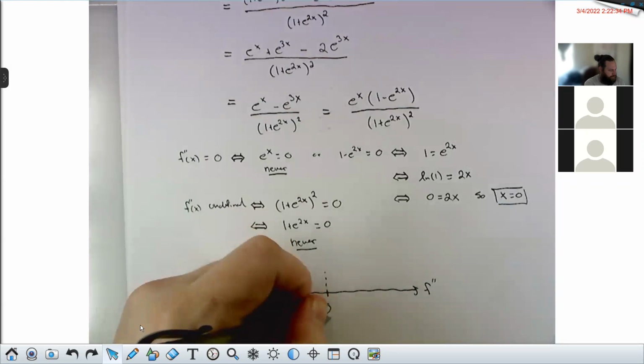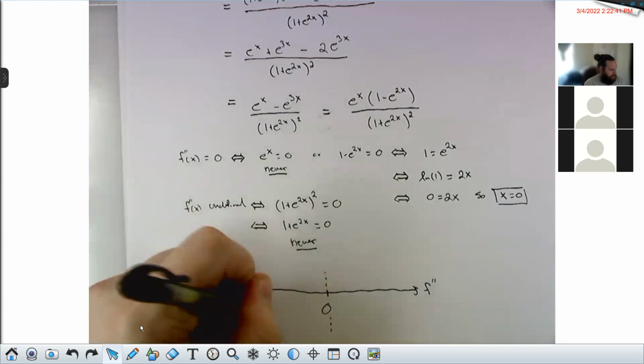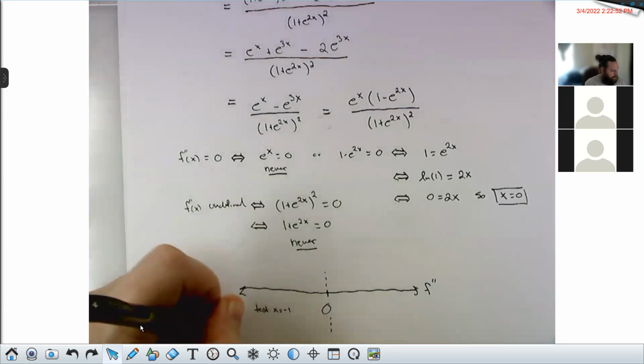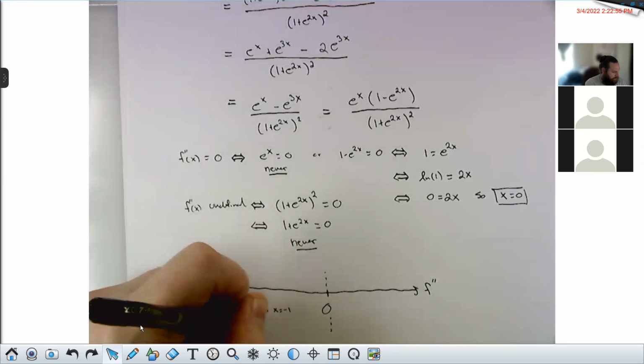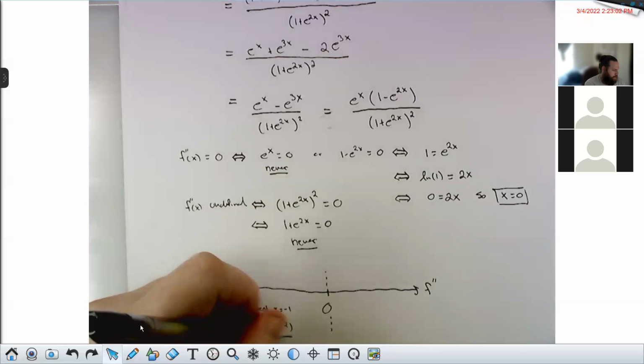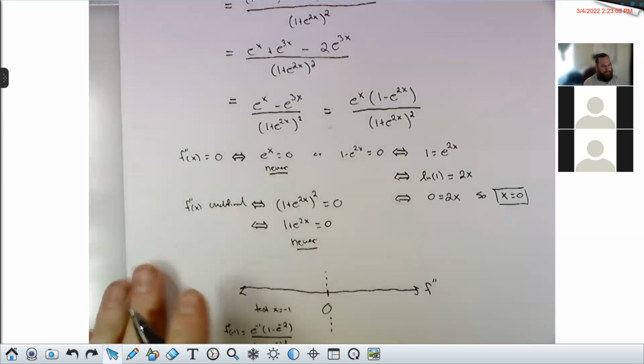To the left of 0, we can go ahead and plug something negative in. So we could test x equals -1, for example. F double prime of -1 is e to the -1 times 1 minus e to the -2, over 1 plus e to the -2 all squared.